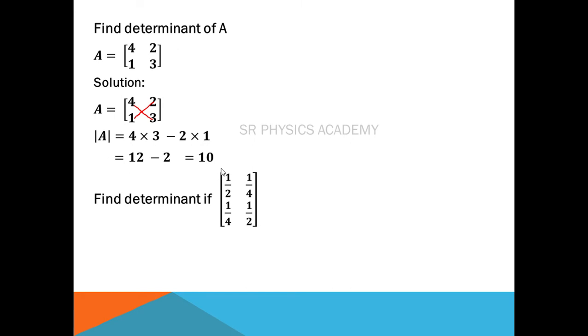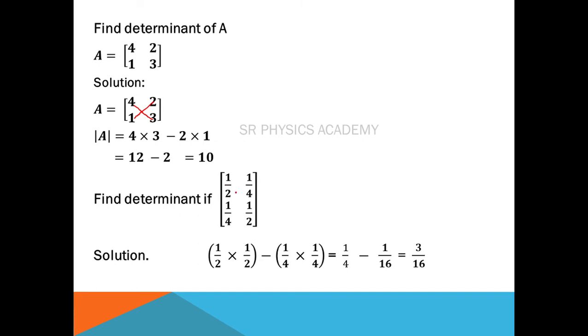Next, this is a fraction example. Find the determinant of 1 by 2, 1 by 4, 1 by 4, 1 by 2. We take the product of these two diagonals.